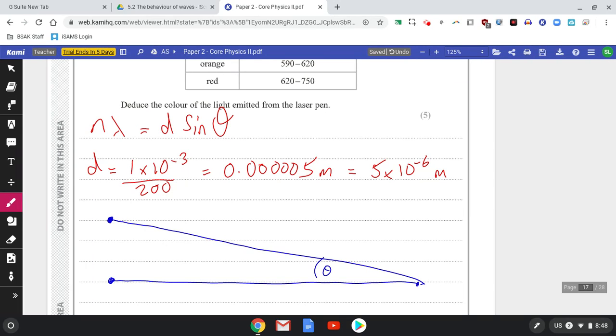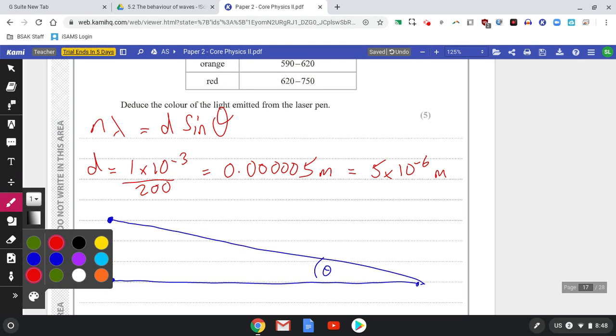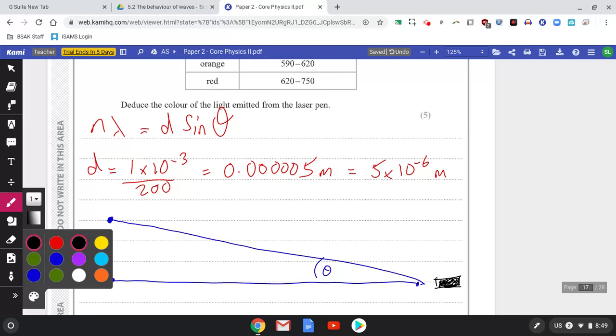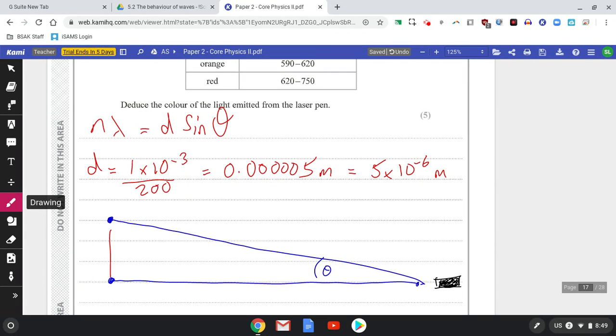So the laser is there. What a nice laser. Right, okay. So what do we know here? We know the distance. That was 1.02 meters. Distance from the board was 3 meters.